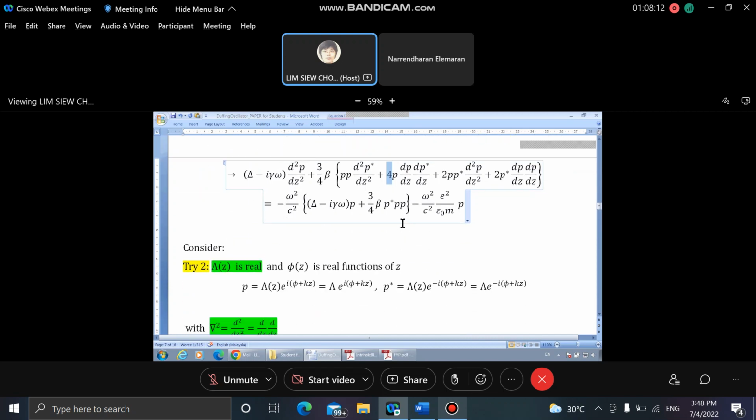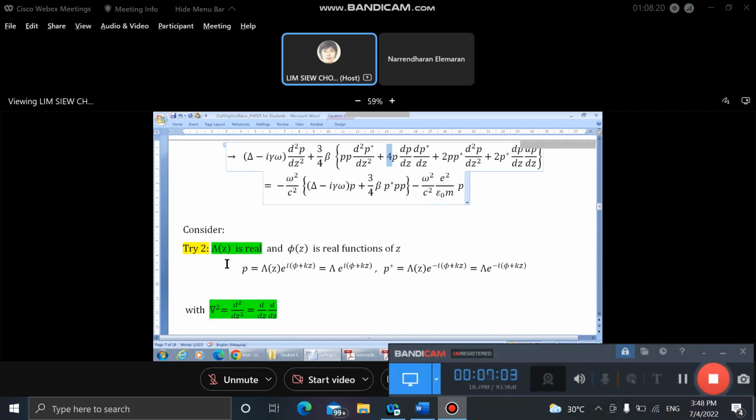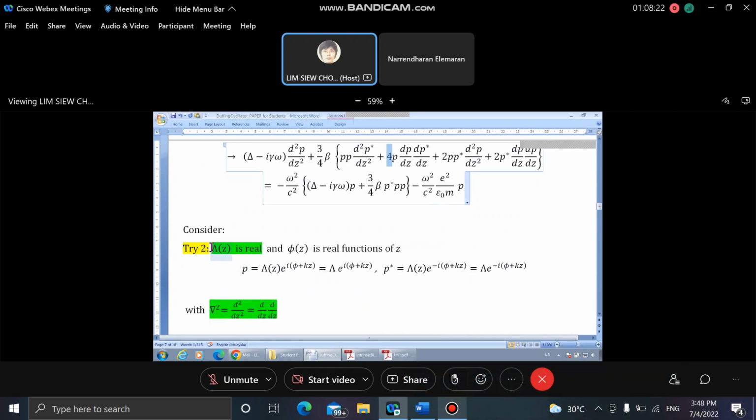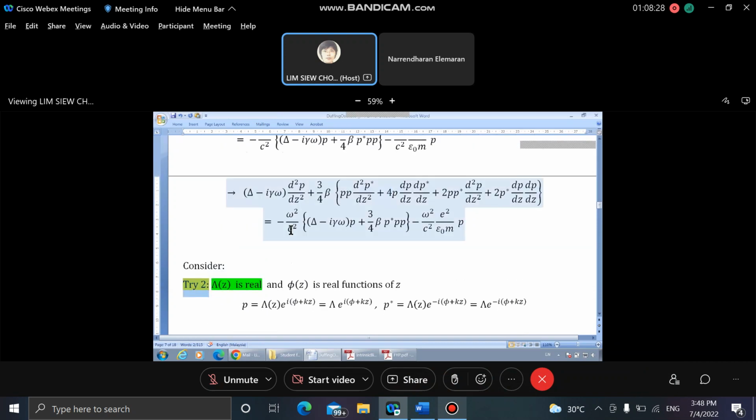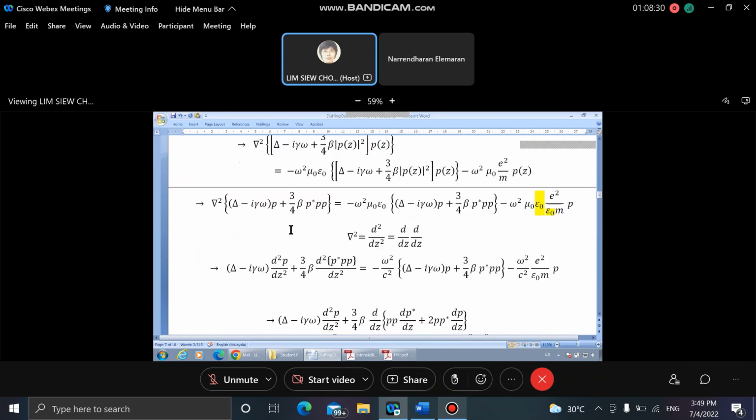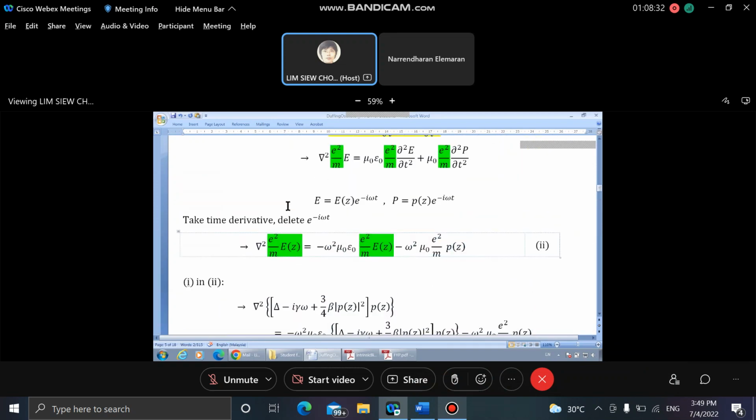Okay, for the last semester, I said there are 2 possible trials, but I always start with the first, the simple trial. The simple trial is the simplest approximation. So we know that from the beginning here, we assume that P is the product of a function of Z and a function of time.